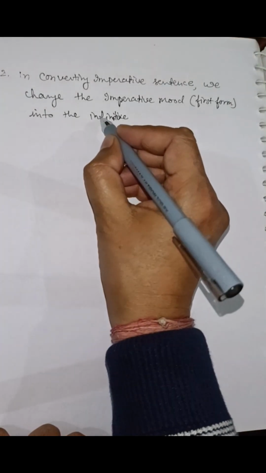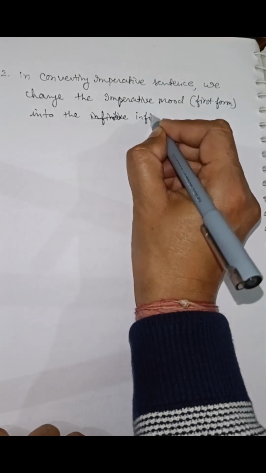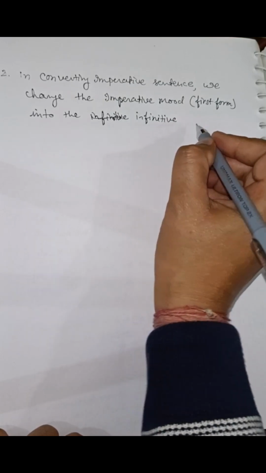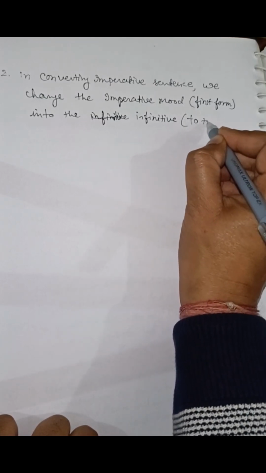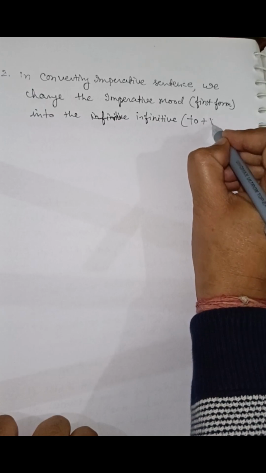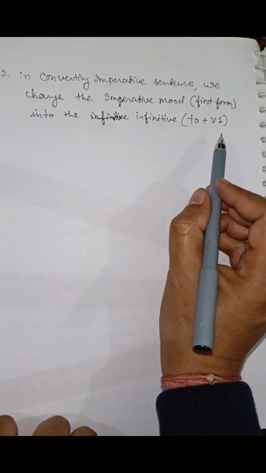Infinitive is a kind of non-finite verb which is preceded by to and followed by the verb's first form. I write it over here again, infinitive: to plus first form of verb. All right.